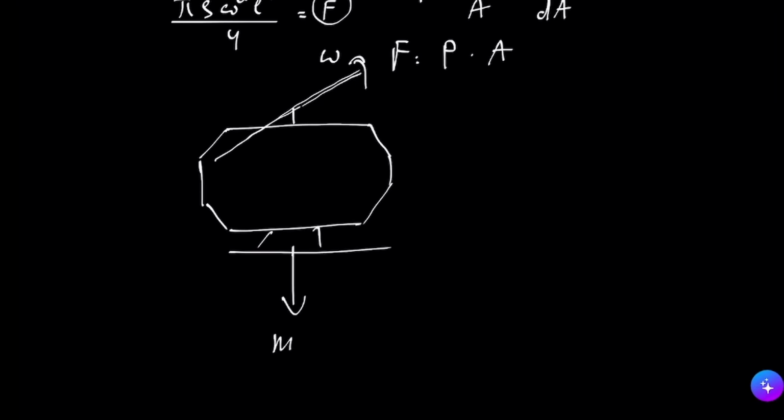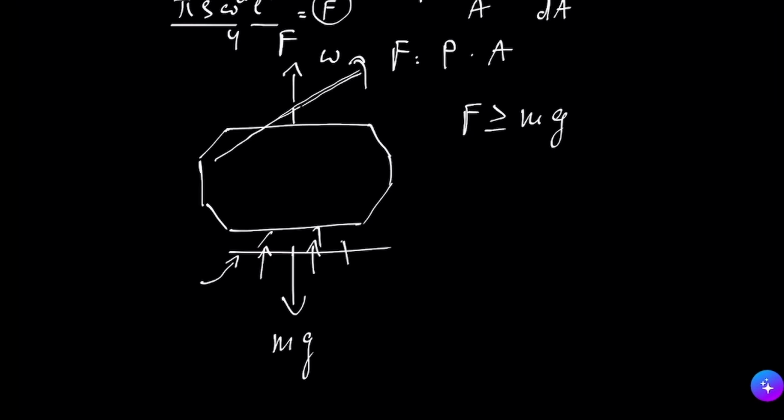There is a downward force of mg, and the upward force has to overcome this mg for it to fly. So what we're going to picture here is air going through the bottom part of the helicopter and exiting through the top part of the helicopter.